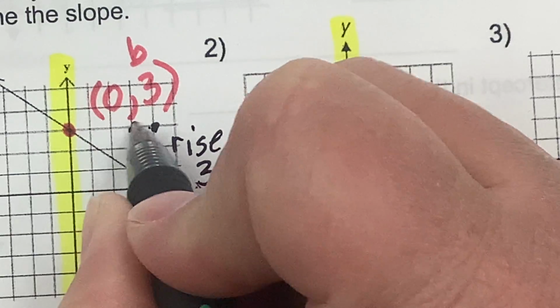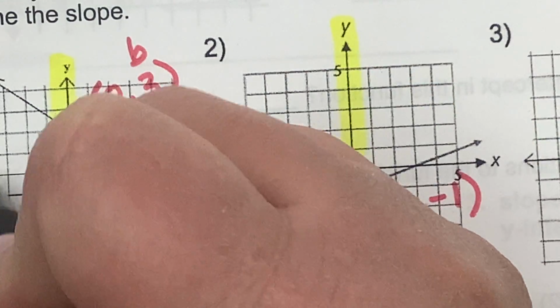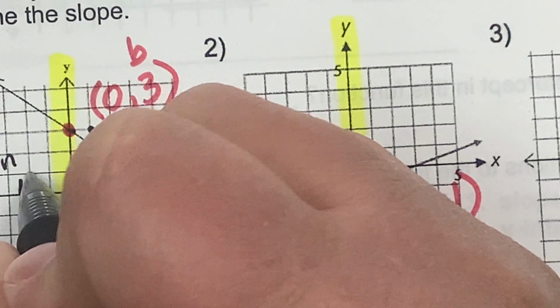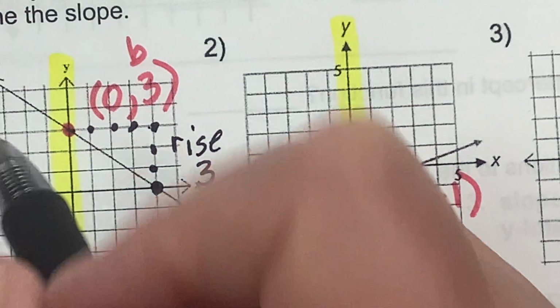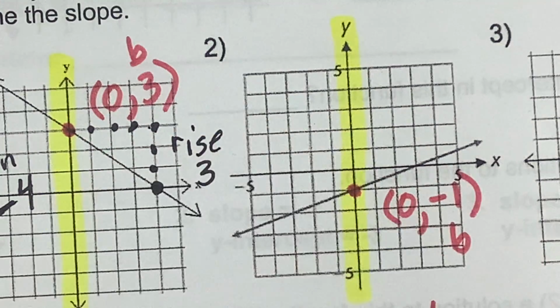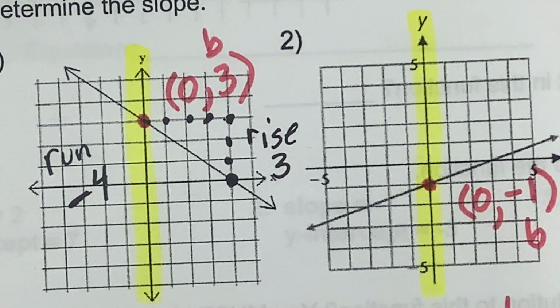And run, 1, 2, 3, 4. My run is 4. But look at this. I rose 3 and I turned left. When you run left, it's negative. So my rise over run is going to be 3 over -4. So slope m equals -3/4.